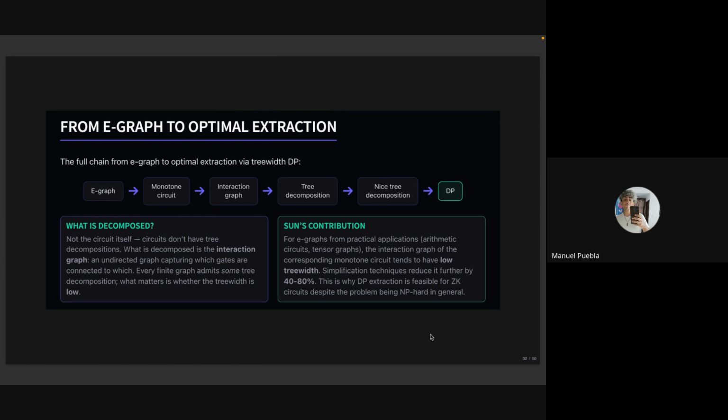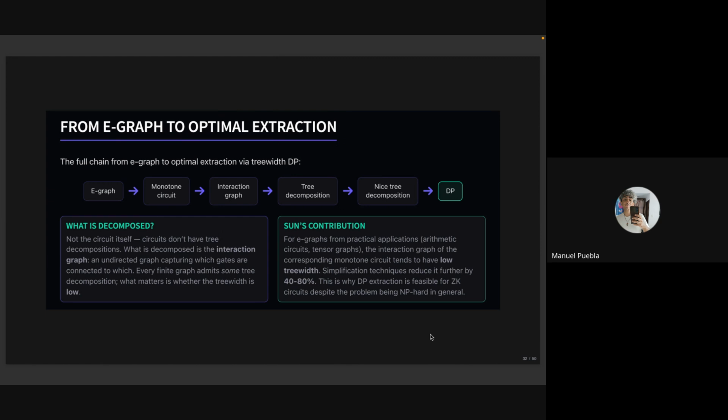Take the e-graph, translate it into a circuit, translate it into an interaction graph, and then translate that into a tree decomposition. But since there are many tree decompositions, you need to find a canonical form. That's what in the literature is called a nice tree decomposition. We're not going to dive into that, but that's how DP actually works.